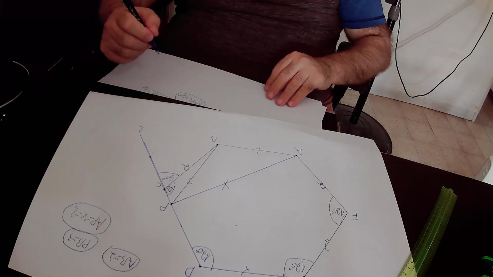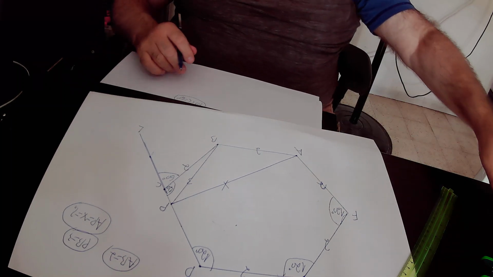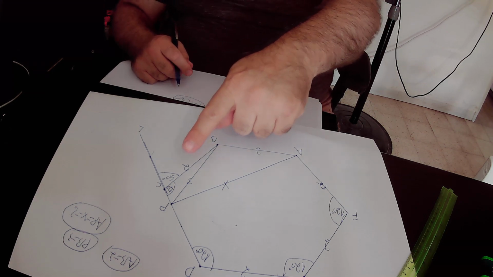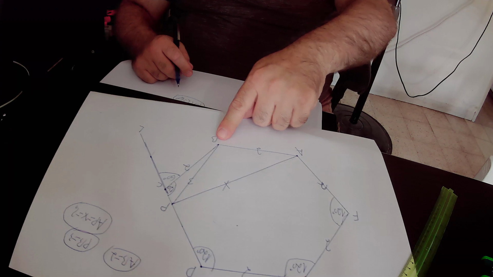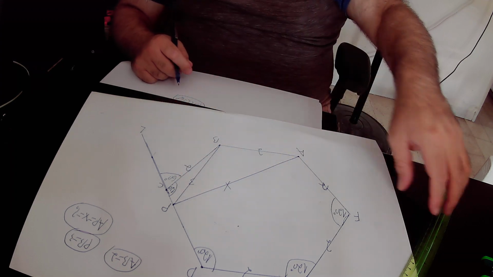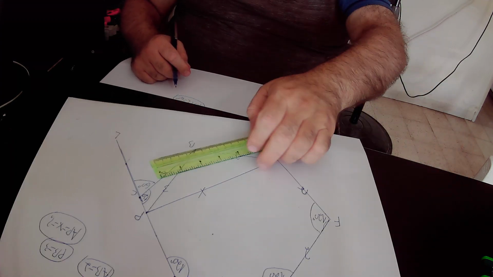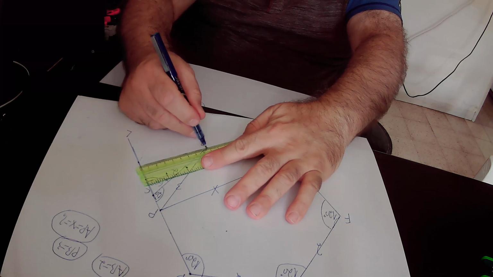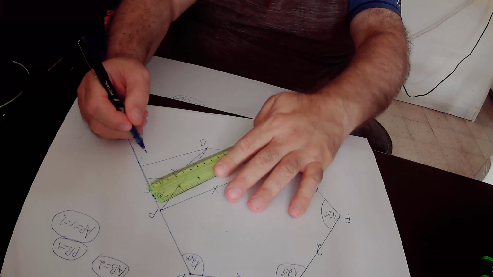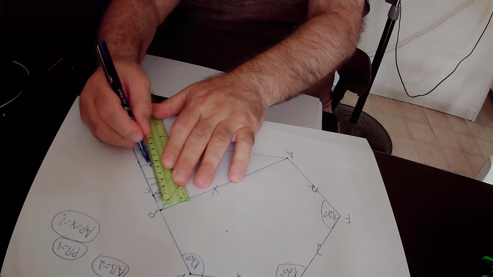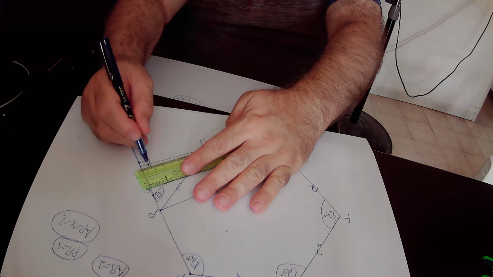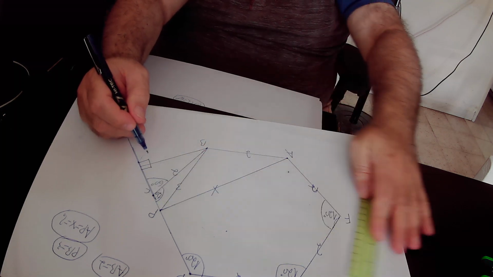In the next step, from point B, we will go perpendicular to DL. So this angle equals 90 degrees, and this angle equals 90 degrees according to our construction.